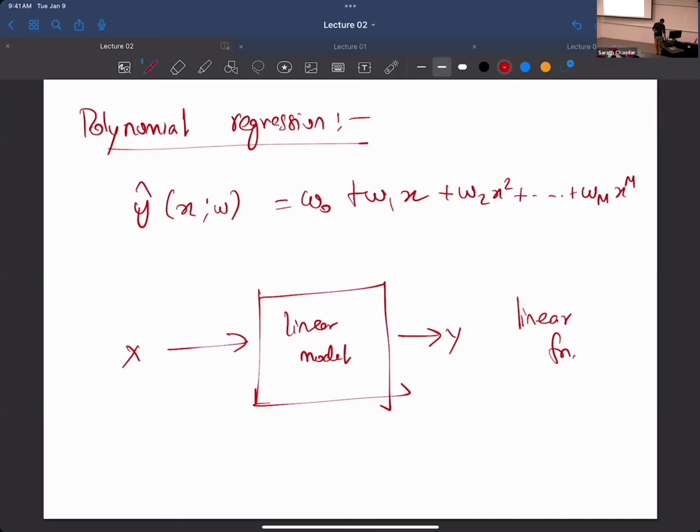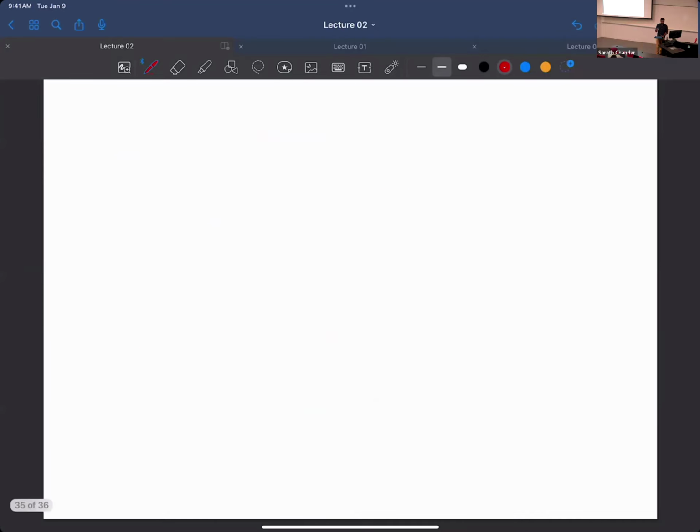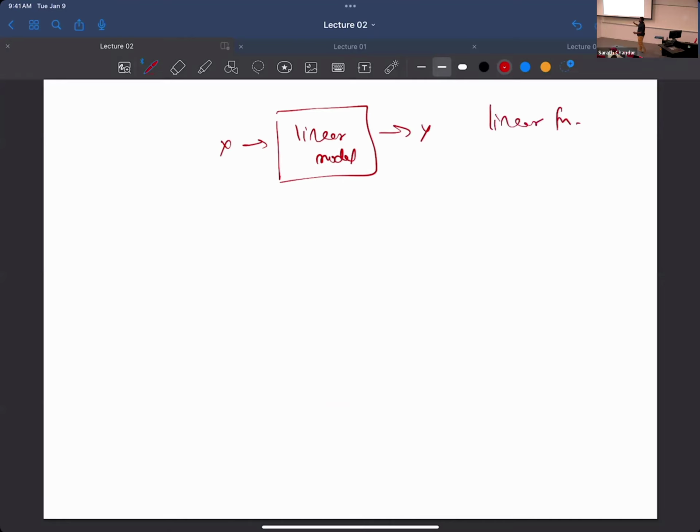So if you think carefully, what we did here was almost a hack. We took a linear model, which was linear regression. If you just feed X and do linear regression, you're going to get only a line, right?